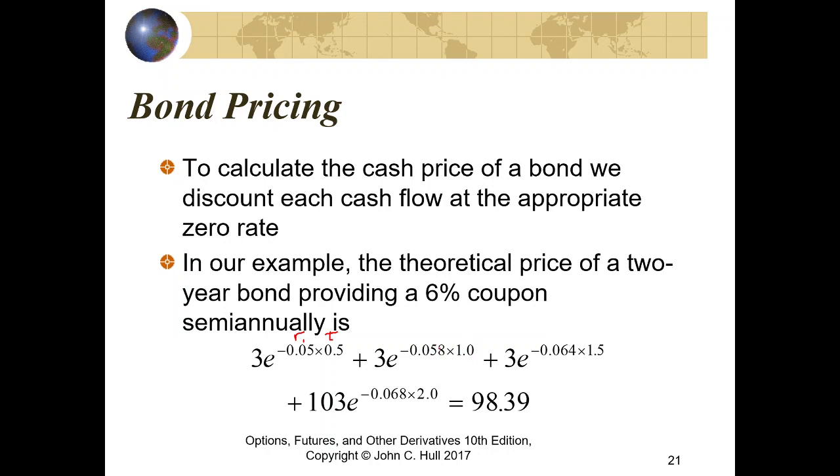T is equal to 1, and the discount rate is 5.8%, because this is the zero rate for maturity of 1 year. The third is similar, 3 times e to the power of minus 6.4% times 1.5. And finally, the face value and the last coupon payment, we will discount using the 6.8% zero rate that we found for a maturity of 2 years. So if you do this, we will get the price of the bond equal to 98.39.